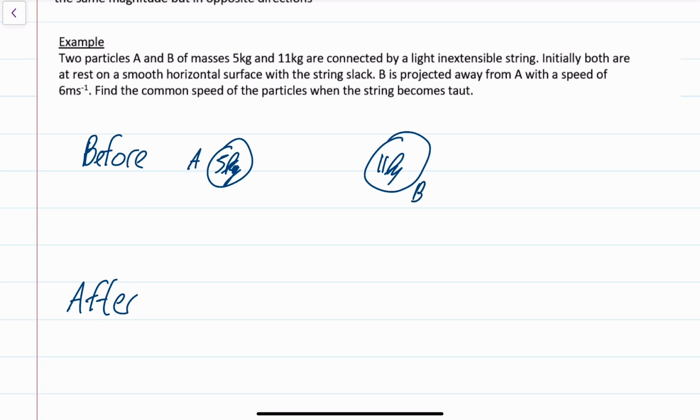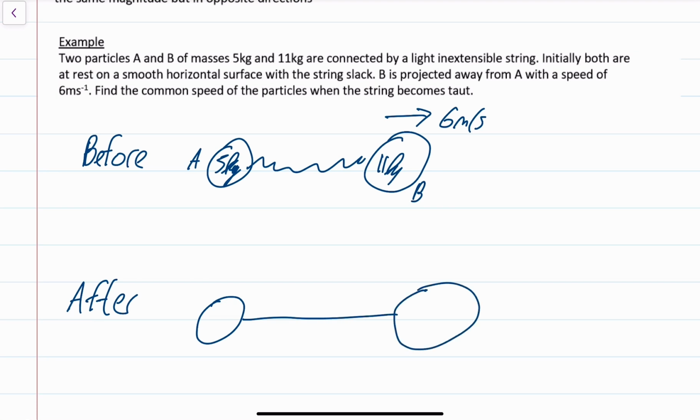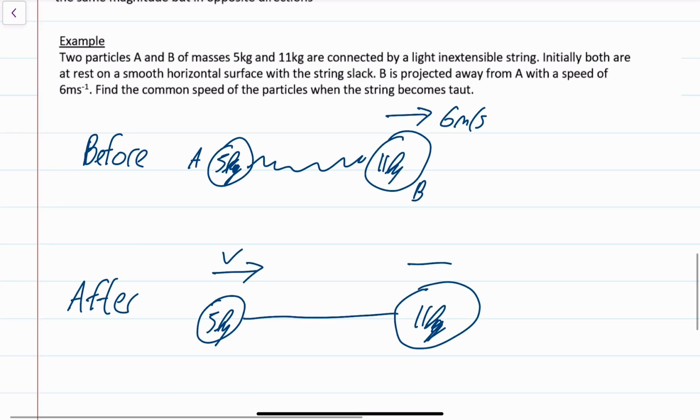That was my B. And the string is slack between them, and it's moving at a speed of 6 meters per second. Okay, now when it's pulled taut, B is still 11, obviously, hasn't changed its mass. A is still 5, and they're going to move with a common velocity because they're pulled taut.